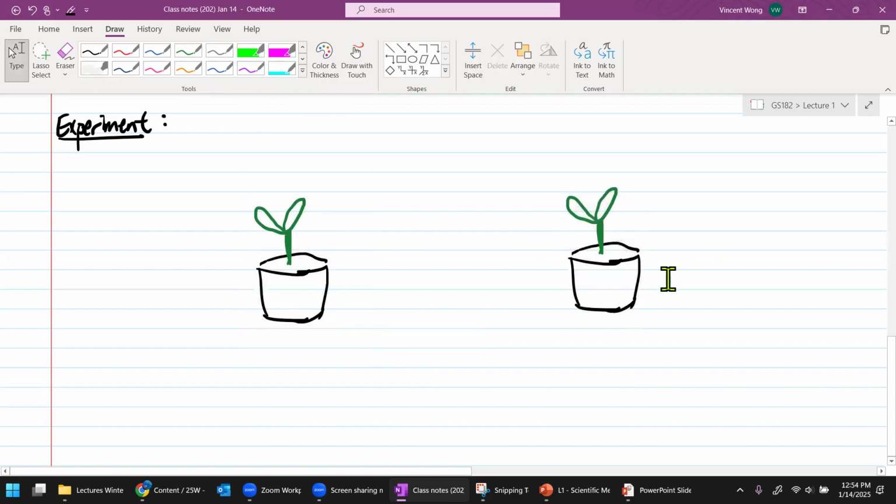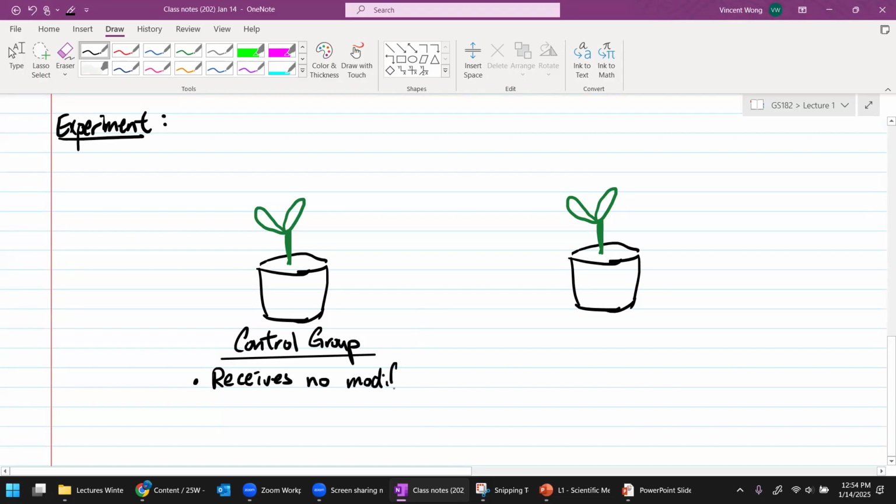So we have 2 groups in our experiment. We have what's called the control group. The control group of an experiment is the group that receives no modifications. We're not changing it.